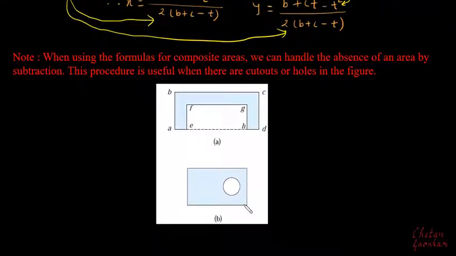In this case I cannot analyze this as a composite area, because I cannot divide it into shapes whose areas are known to us. If I divide it something like this, then I will have areas that cannot be calculated by a known formula. So it won't be possible to go for a composite method like this.